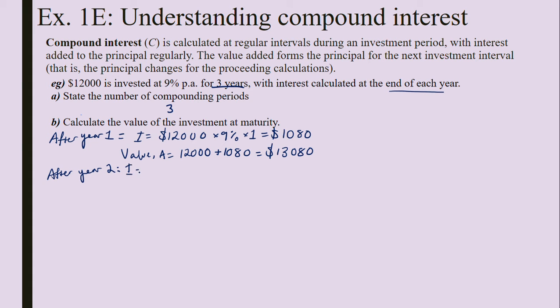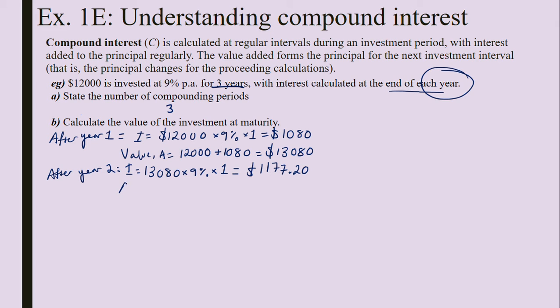I equals, this time our principal amount is the last year's amount, so $13,080, again multiplied by that 9%, and again just for 1 year because they're compounding yearly, and that gives us a value of $1,177.20. Remember, in dollars we have 2 decimal places.